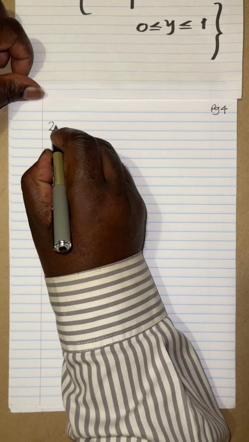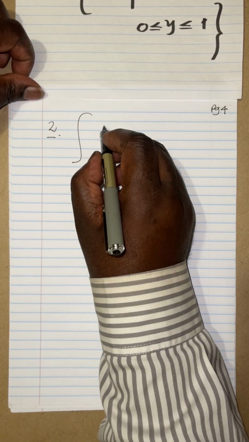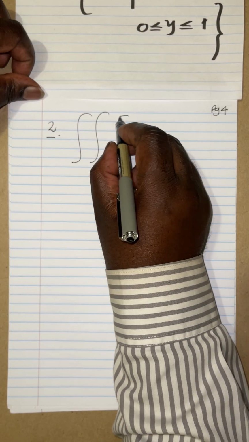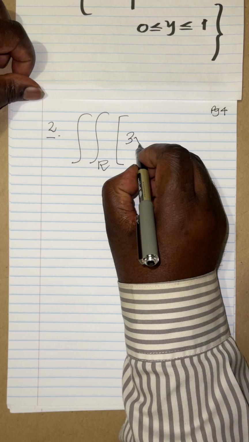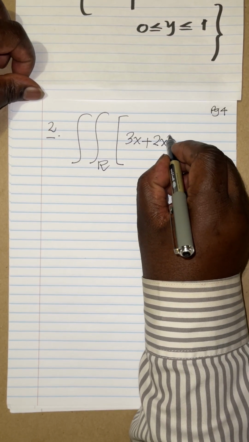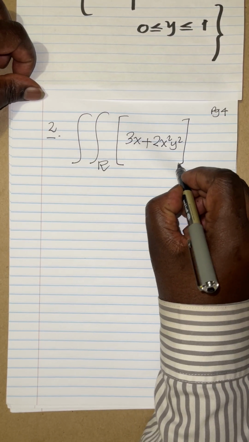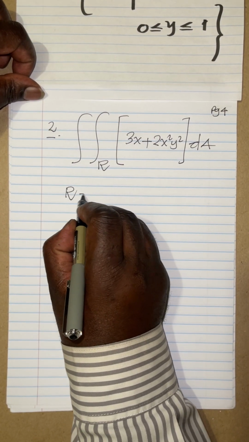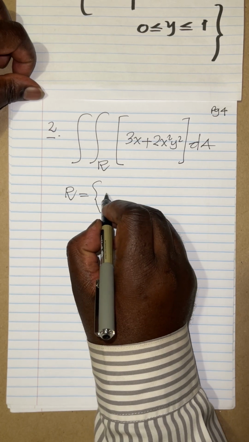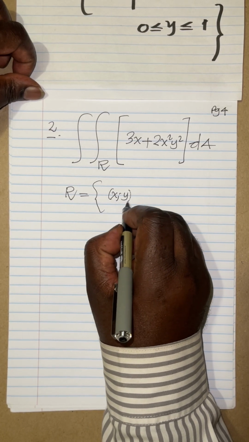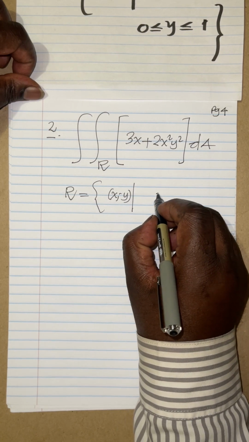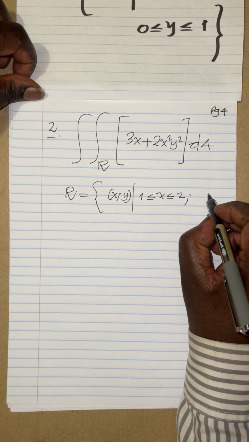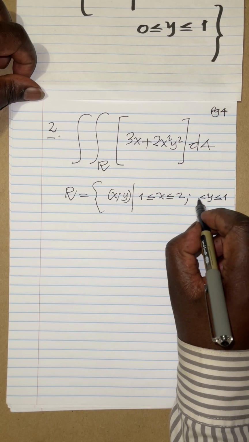So what we have, number 2, as it is given, two integrals defined over a region R, and we're told that the function is 3x plus 2x squared y squared, and we're told this is dA, and it is given that R is a region defined by ordered pairs x, y, such that x ranges from 1 up to 2, and y ranges from 0 up to 1, like so.